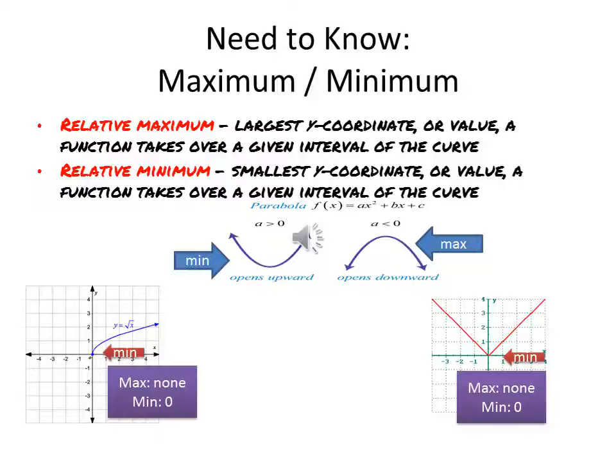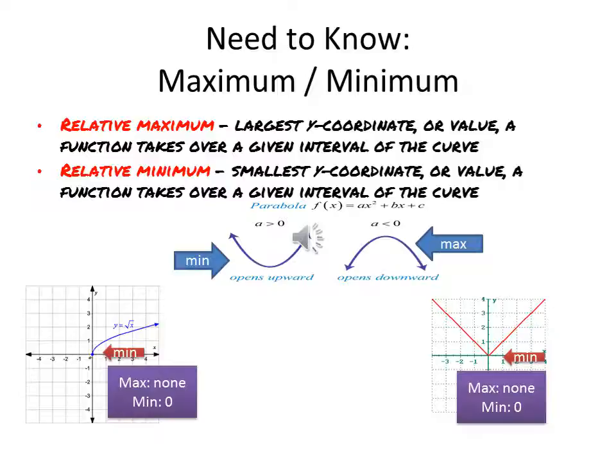Okay, now we're at the relative maximum and relative minimum. The relative maximum is the largest y-coordinate or value a function takes over a given interval of the curve. One of the main things you need to remember is the max occurs when the parabola is open downwards.